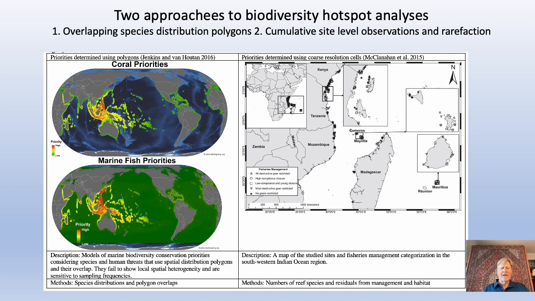The second method is cumulative level observations, what is called rarefaction, which is the cumulative numbers of species as you sample across different areas. Both of these have been used in our region to identify areas of species richness. They suffer from a number of problems that I'll discuss.